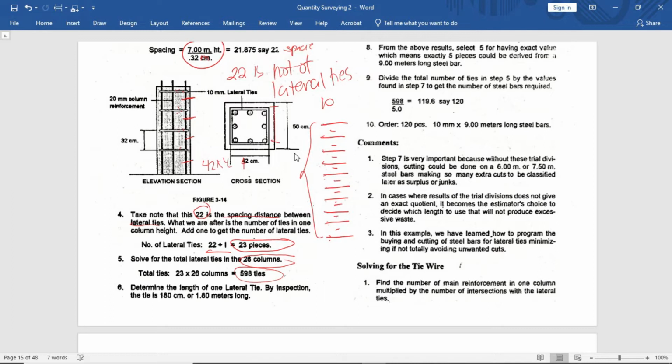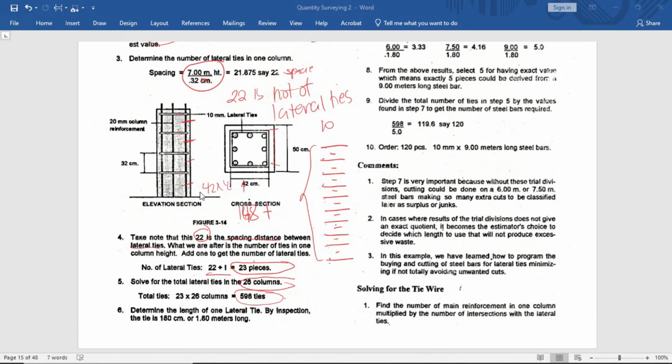Ilan yun? 148. So, 148 plus yung hook natin tsaka bend pa natin. So, nakuha natin is 168. So, in-adjust lang natin into 180 centimeters.